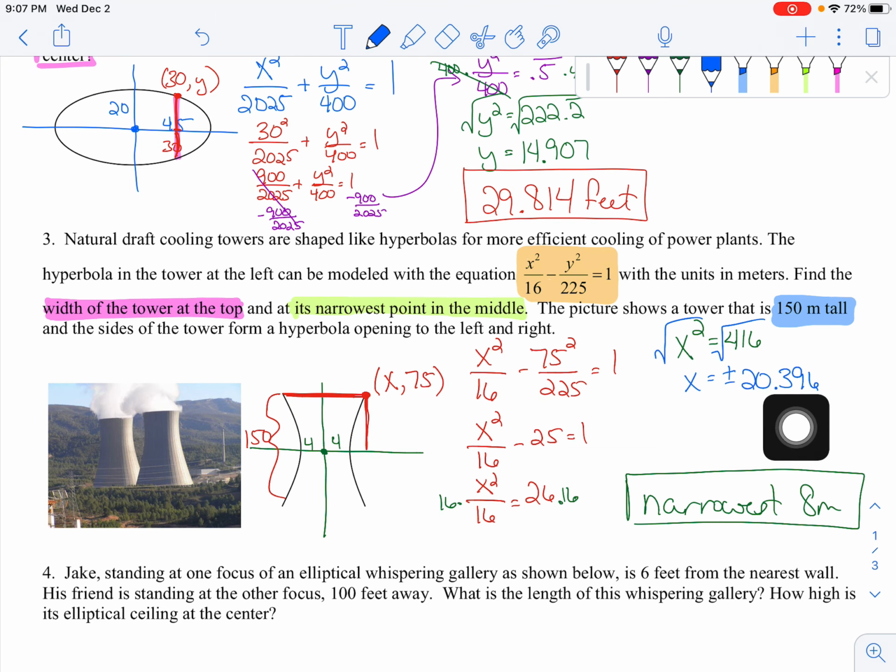So if I want to find the distance between those two, I can just double up the positive value. So if I multiply times 2, so at the widest, okay, which would be the tower at the top, we've got 40.79 meters.